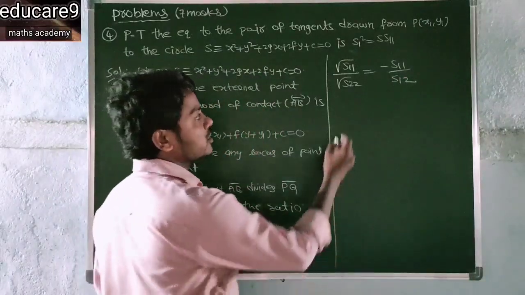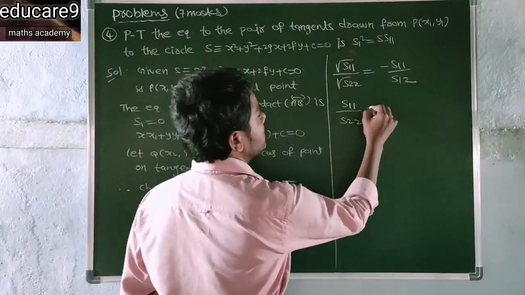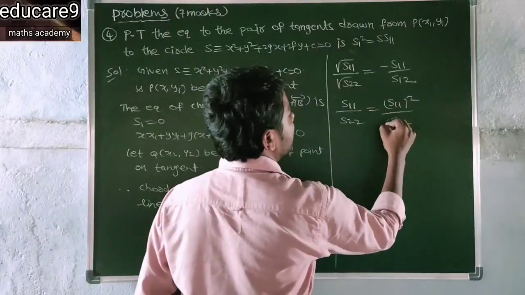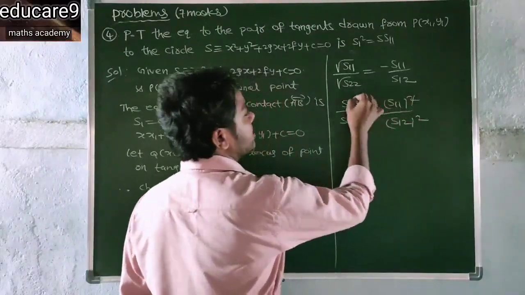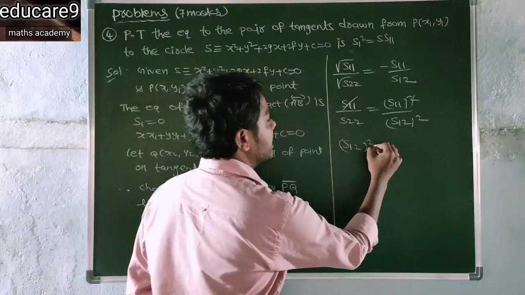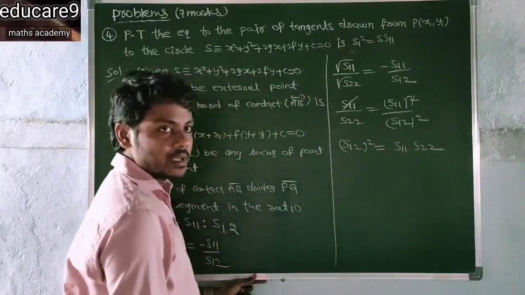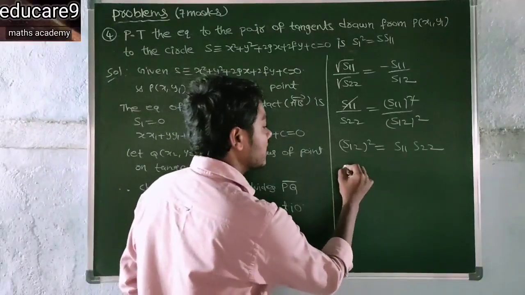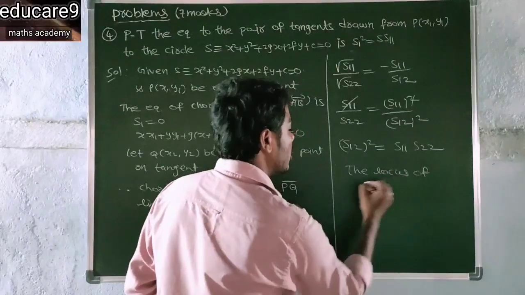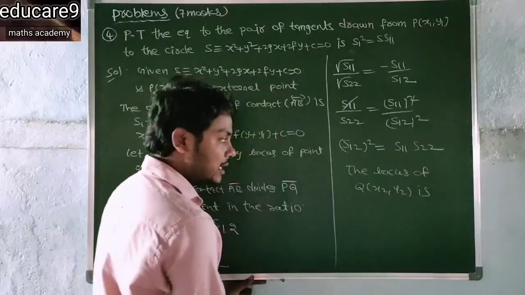So squaring on both sides, you get S11 by S22 equals S11 squared by S12 squared. So here one S11 gets cancelled. Now we will get S12 whole squared equals what? S11 into S22. So therefore the locus of Q(x2, y2) is what?